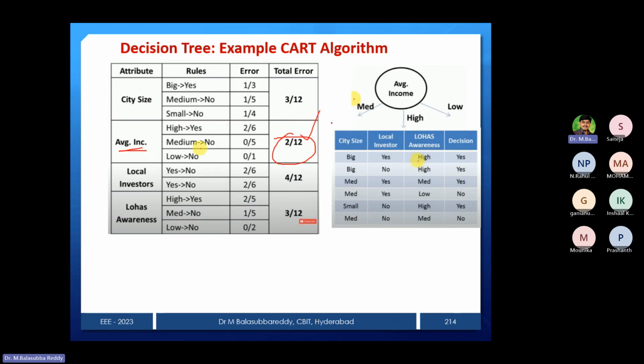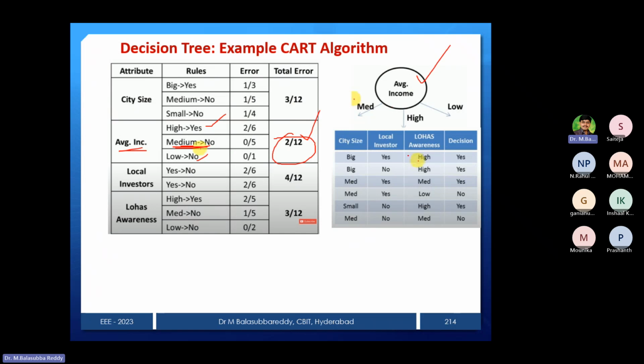Once you identify the root node, you can write the parameter as such. Average income is medium: no; low: no; and high: yes. So this remaining is the root node.